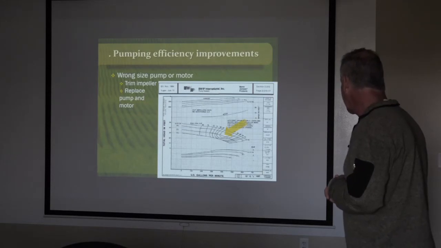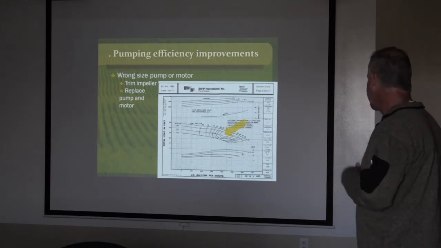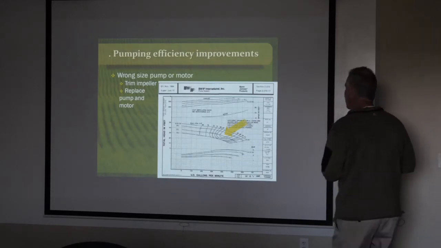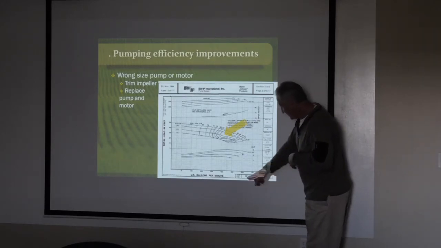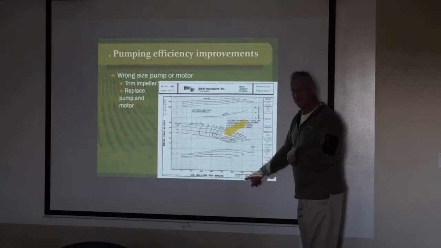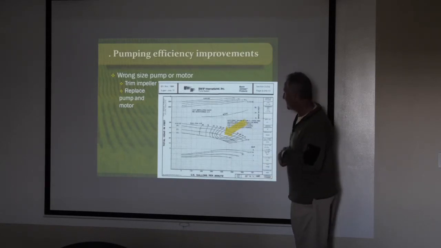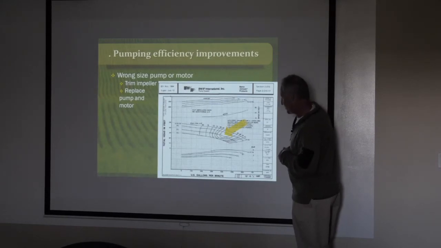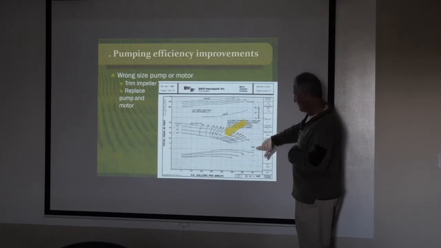Anyway, you guys are probably terribly bored by now. This one always says the size of the pump, so they always say 10-inch on the impeller. It shows what horsepower they require.